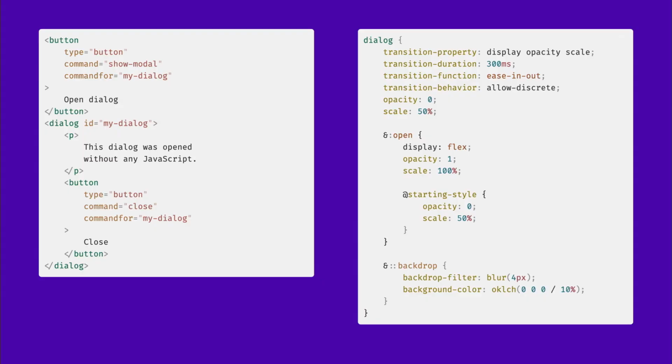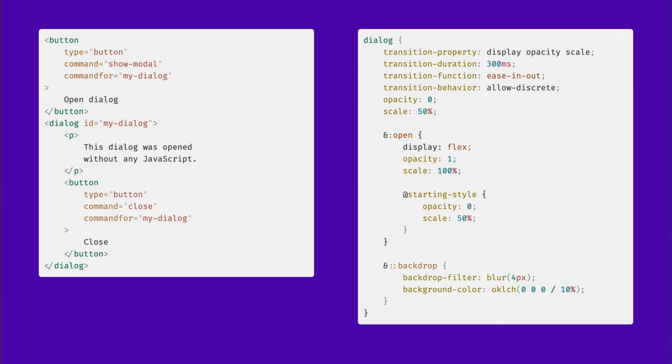And this is how it's done. On the left side, you see some markup. You see the command show-modal and the commandfor, which is the target. And below you see the dialog, which is the target. And there's also a close button where you can close it again.